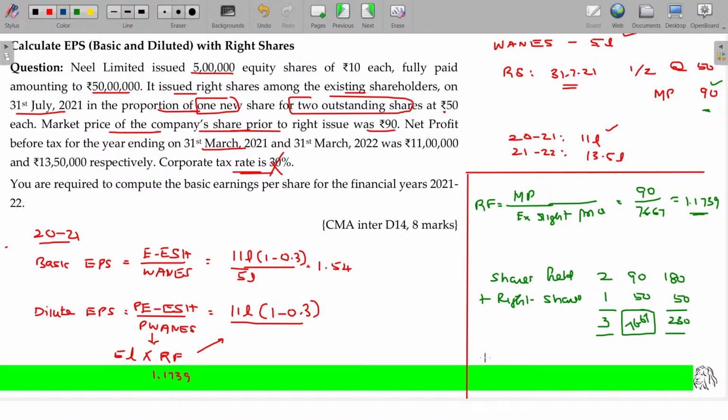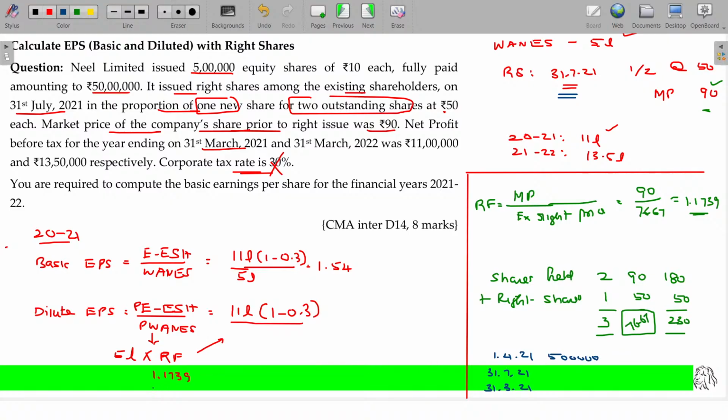So the current year starts on 1/4/21. Don't directly multiply with this 5 lakhs. When the right issue happens, 31/7/21. Till 31st March 21, you have 5 lakh shares.